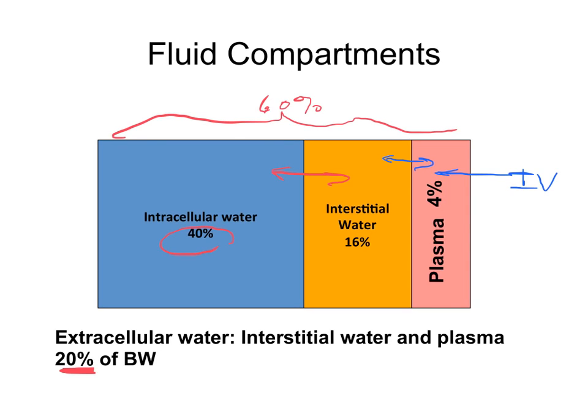So this is not an instantaneous process except for when you're giving IV into the plasma. And so note that plasma is 4% of the body's volume, whereas if we were to look at blood, we normally would say that blood volume is normally represented as 8 to 9% of the body weight.